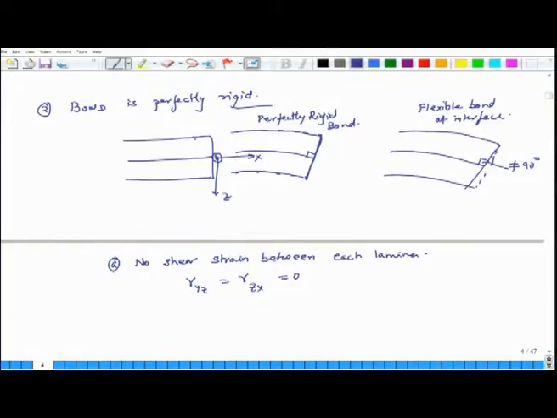The other thing is, if the bond is perfectly rigid, then it also means that this angle, so see this angle was theta. So, theta was initially 90 degrees, and when there is bending of the plate, theta still remains 90 degrees. So, this is the normality assumption. So, in words what we say is that a line perpendicular to the mid plane.